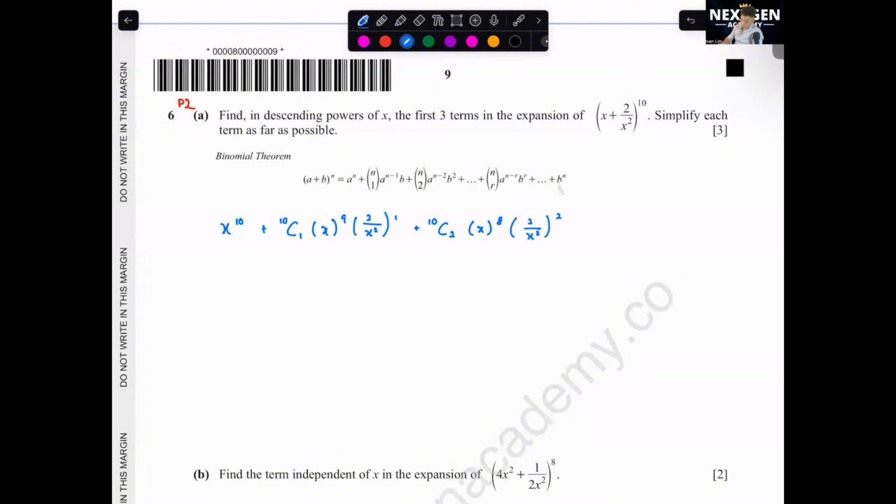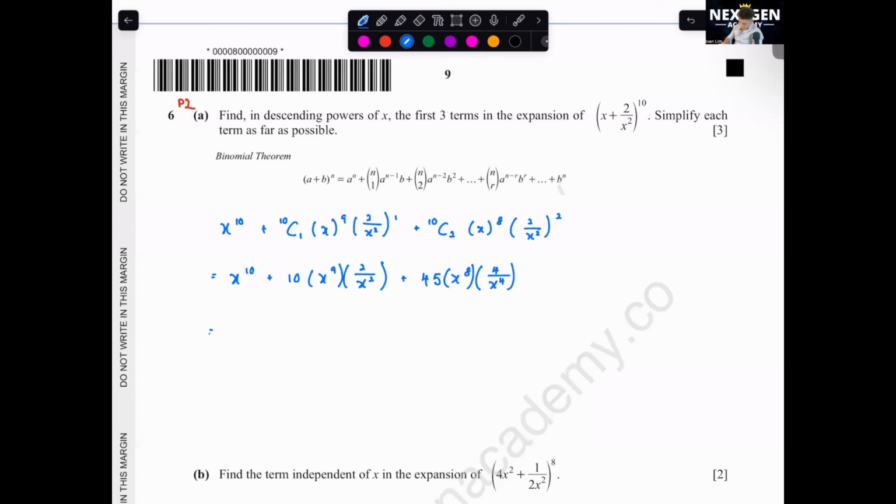Then I want you to open up the bracket and also type into the calculator your 10C1, 10C2. First one, x to the power of 10. 10C1 will be 10 times x to the power of 9, and then 2 over x squared, plus 45 x to the power of 8 times 4 over x to the power of 4.